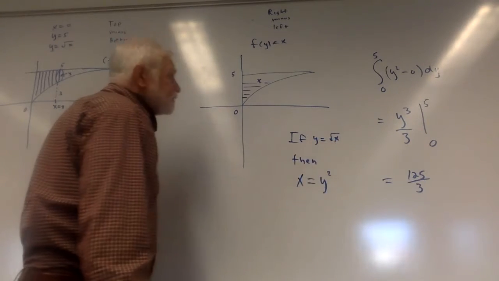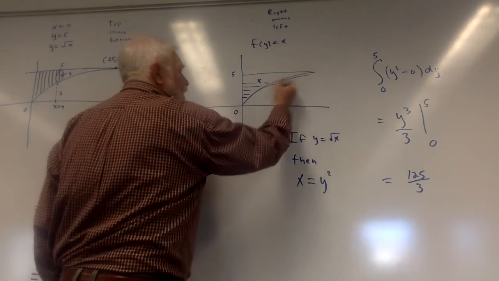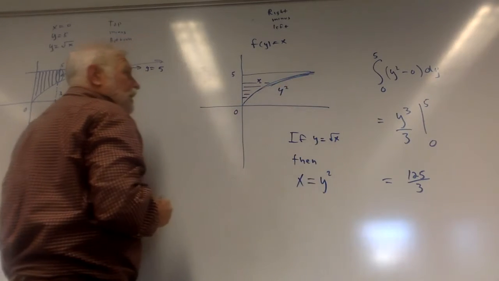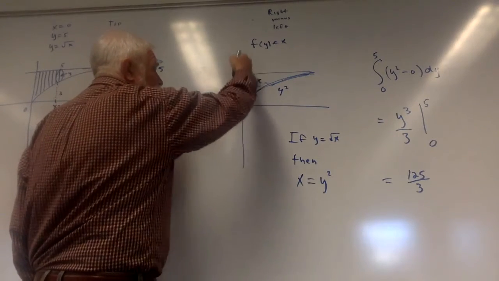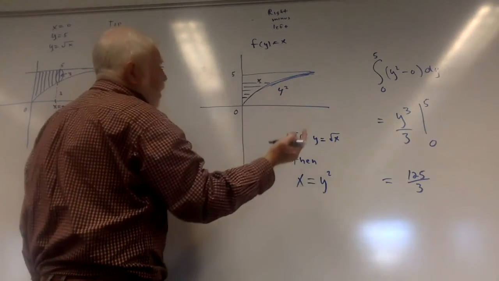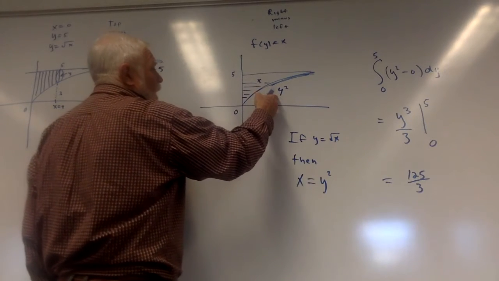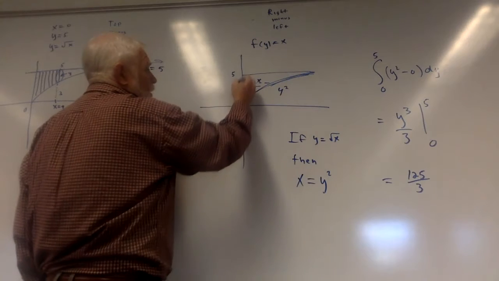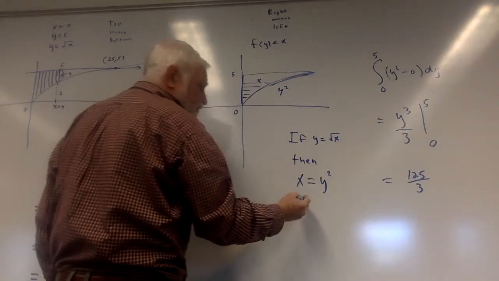It's y squared. So I can call this right-hand side y squared. And what's the x distance on the y-axis? Well, that's 0. So these x's come from y squared, and this side here is 0, so x equals 0.